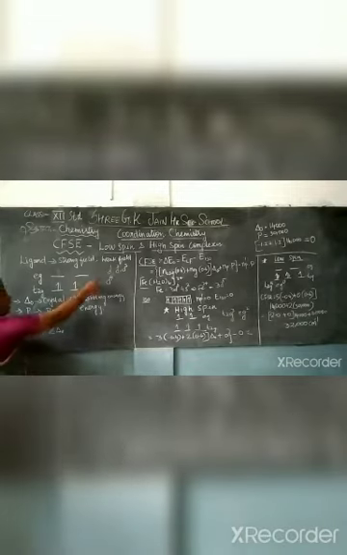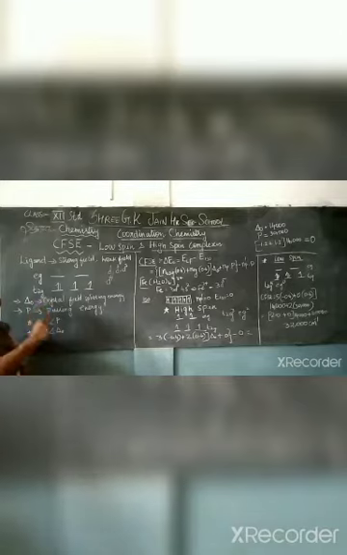Based on the delta naught as well as the P value. Based on the delta naught value and the P value, you have to find whether the fourth electron will go to the higher energy level or start pairing. So what is delta naught? It is the energy difference in the crystal field splitting, and P is the pairing energy.